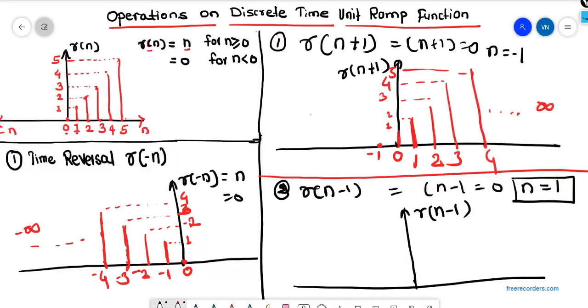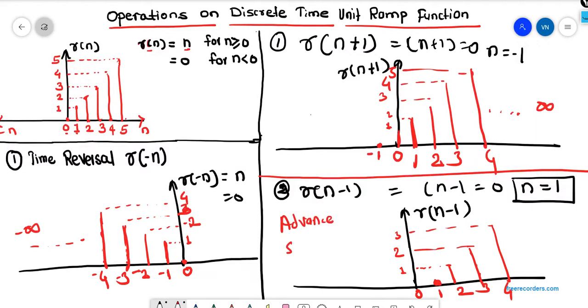Whatever the amplitude for 0, now that amplitude is for 1. Whatever the amplitude for 1, now it goes to 2. That signal starts from plus 1. There is only that one difference, that's it. Whatever signal was starting from 0, now that signal will start from plus 1. This is nothing but advanced shifting. This is called advanced shifting.